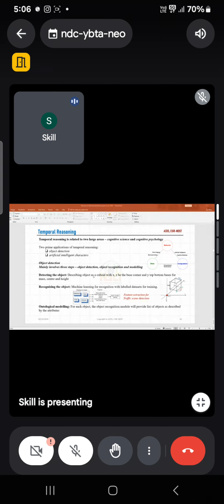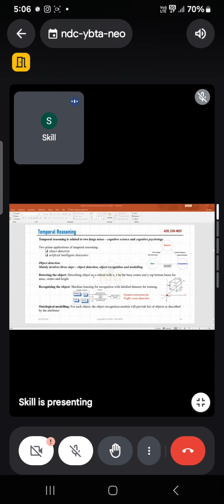It is already mentioned that it is used for object detection in 3 steps: object detection, object recognition, and modeling. For detecting the object, we are taking it as a cuboid with x, z as the base corner and y top bottom base for mass, center, and height.